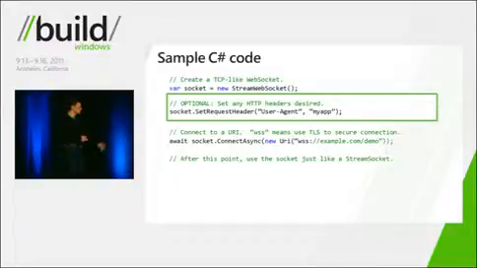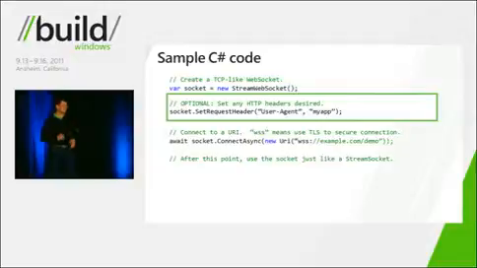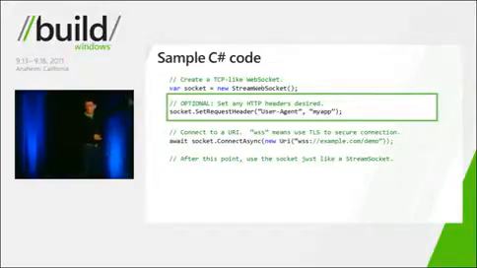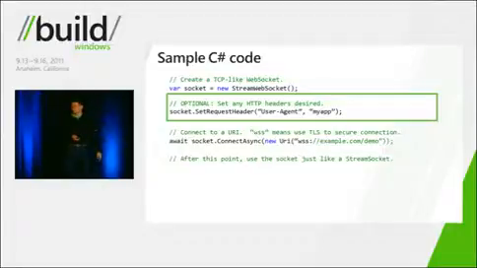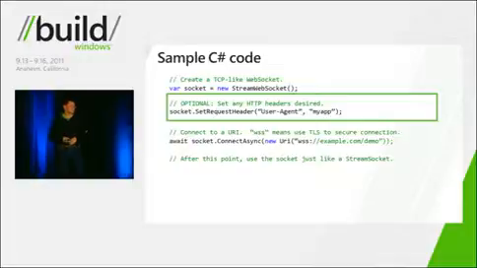In between creating the socket and calling connect async, I have full access to set whatever HTTP headers I want. I can pass in OAuth tokens or whatever it is. In this example, we're going to set just one, though we can do this multiple times: set the user agent string to be my app in the HTTP negotiation. That's so when it does the HTTP transfer, it'll just be using those headers.